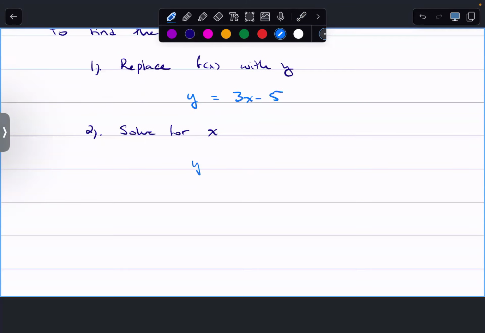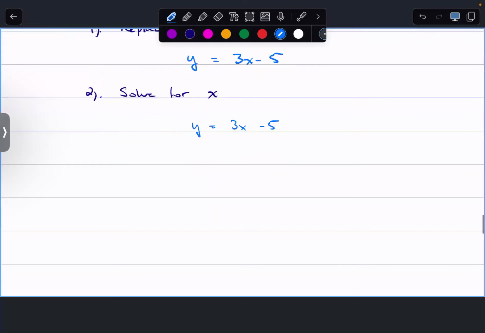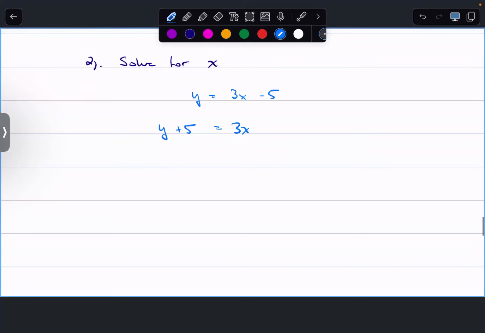So if I start with y equals 3x minus 5, to solve for x, I try to get it on its own, but first I need to add 5 to both sides. y plus 5 is 3x. And then to get x on its own, I have to divide by 3 on both sides. y plus 5 divided by 3 is equal to x.